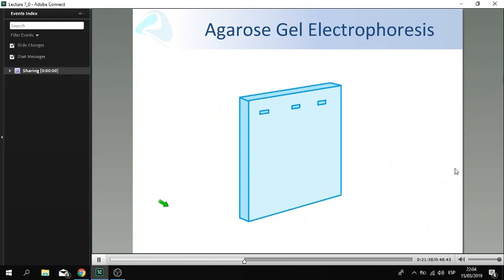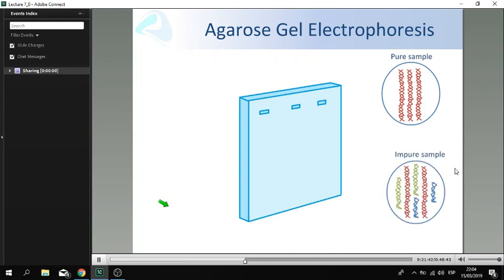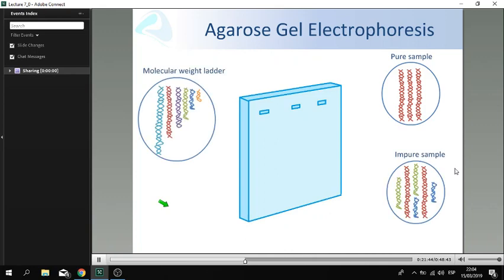So the way agarose gel electrophoresis works is quite similar to your protein electrophoresis. If you have different samples, you would also use molecular weight ladders. Remember, in gel electrophoresis, we were using a ladder that you buy from the manufacturer that has a mixture of proteins of known sizes, in kilodaltons.